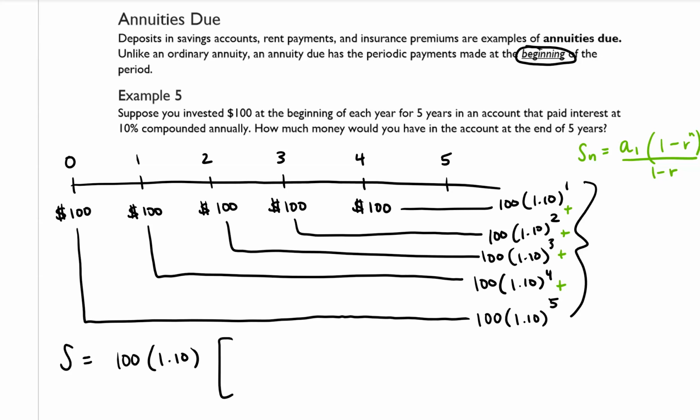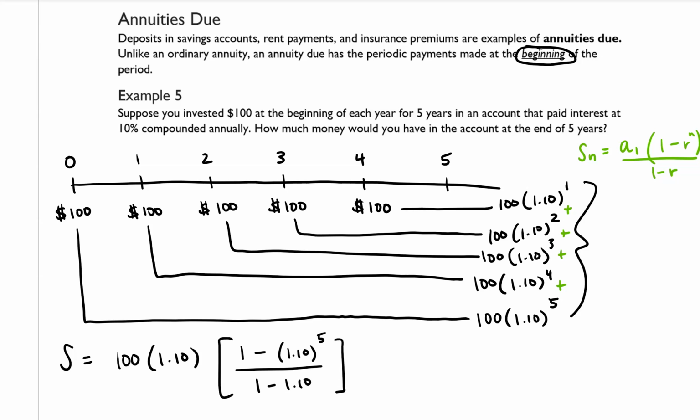In the example with the ordinary annuity, we didn't have this 1.10 here, but now we do because that's what's in the first term of our sequence. And then we have 1 minus the common ratio, which is 1.10, to the nth power, which in this case is 5, over 1 minus 1.10.